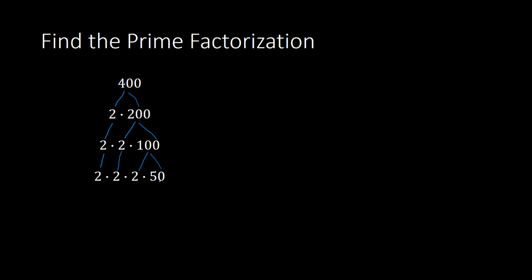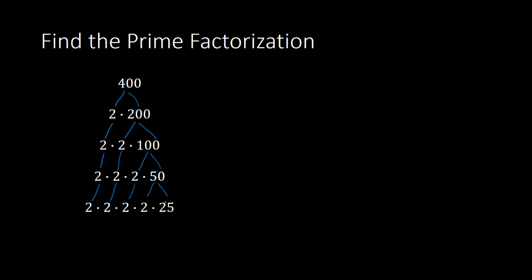We can still divide this by other numbers. So the 50 we can break apart again to get 2 times 25. So we carry down these other 2's, and then 50 would give me a 2 times 25. So now we have 4 2's that are all prime multiplied together, and 25 is still not prime yet.